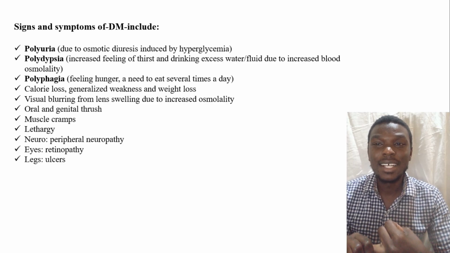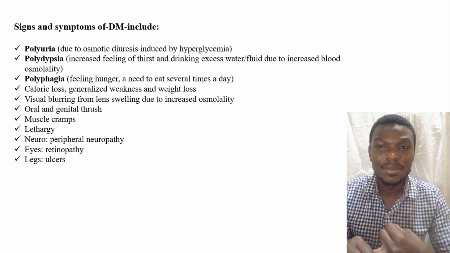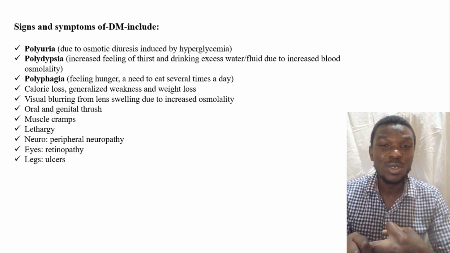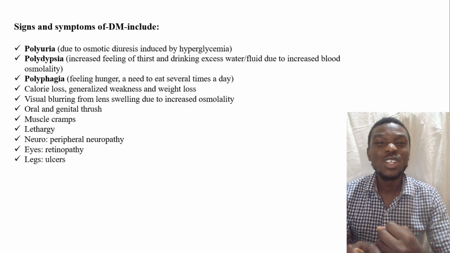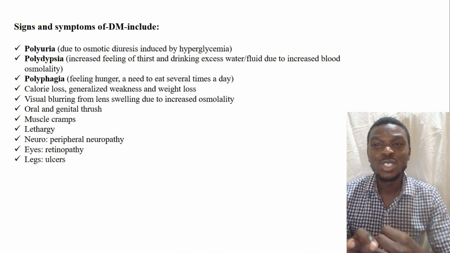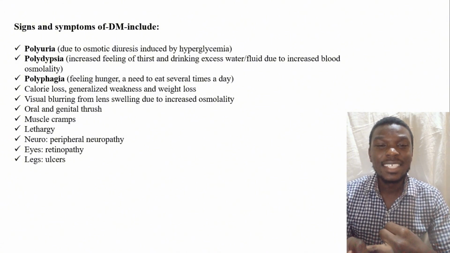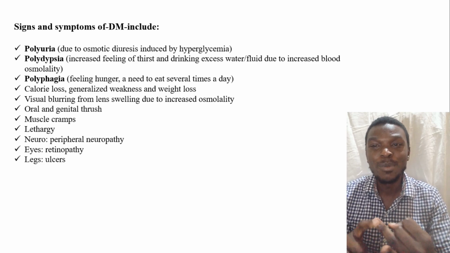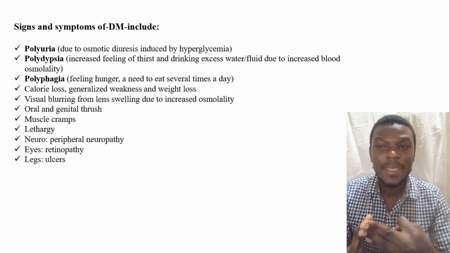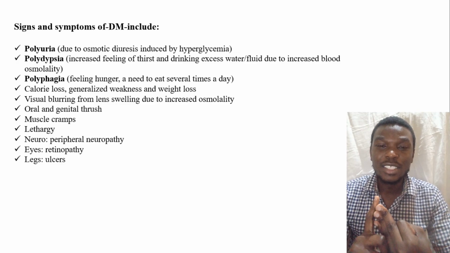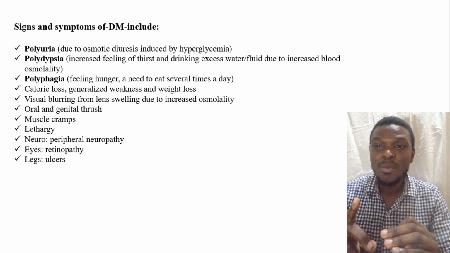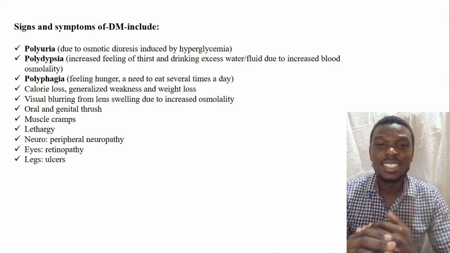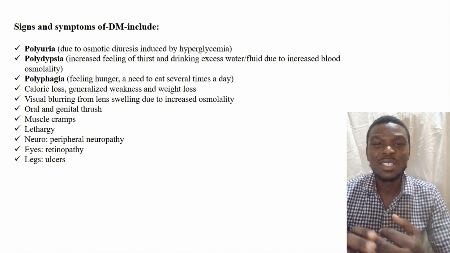They are usually thirsty, and they have excessive hunger. These patients will tell you that they're eating a lot. Then they also tell you that they are thirsty, they are drinking a lot of water, and they're urinating a lot. So you're going to have polyuria, polydipsia, polyphagia. During one round, they can ask you, Doc, why does the patient present with these signs and symptoms that you have explained?